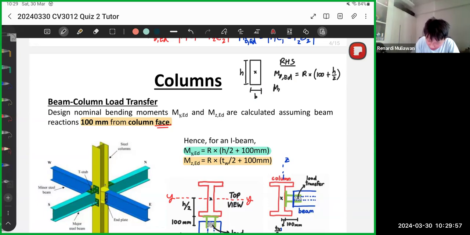While your MzEd in this case is R multiplied by 100 plus B over 2, in millimeters. So it's that simple. The theory is always 100 millimeters plus this tiny distance to the middle of the column, and it depends on the section. I hope this one is clear.